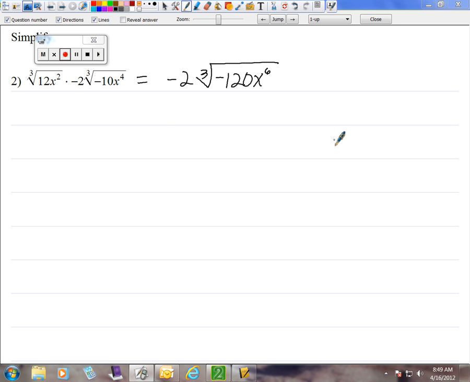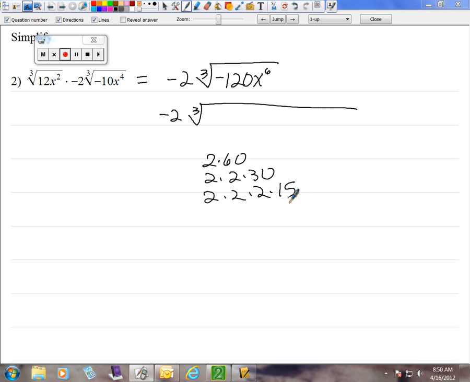Now, 120, you're going to have to deal with that as far as finding a cube root. So you may want to do this now. 2 times 60, right? 2 times 2 times 30. 2 times 2 times 2 times 15. 2 times 2 times 2 times 3 times 5.